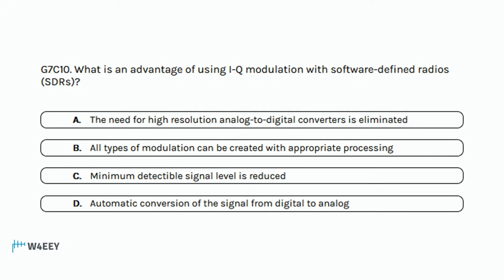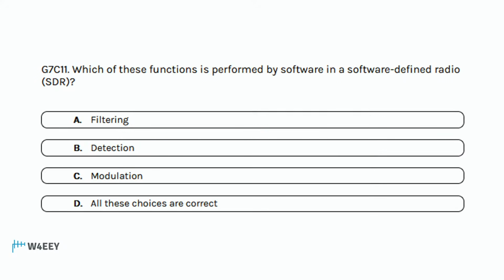Bravo. We won't go into the math, but all types of modulation can be created with appropriate processing. I knew that. And which of these functions is performed by software in a software-defined radio? Delta. You got it. That's a trick question. Filtering, yes. Detection, yes. Modulation, yes. All of those choices.